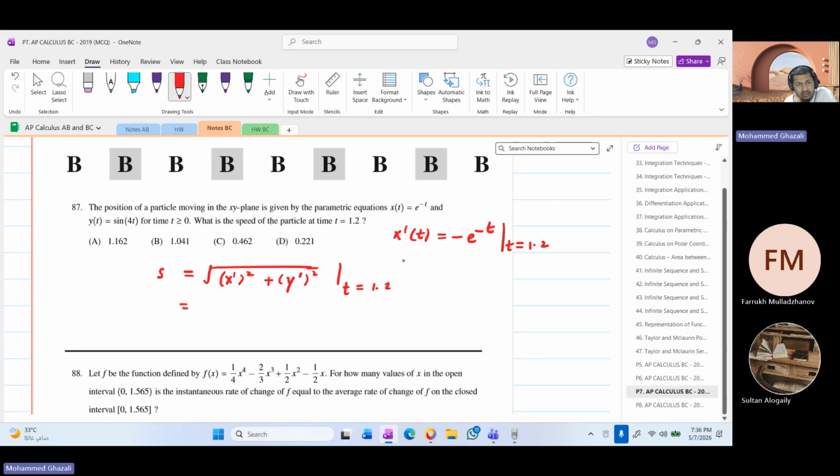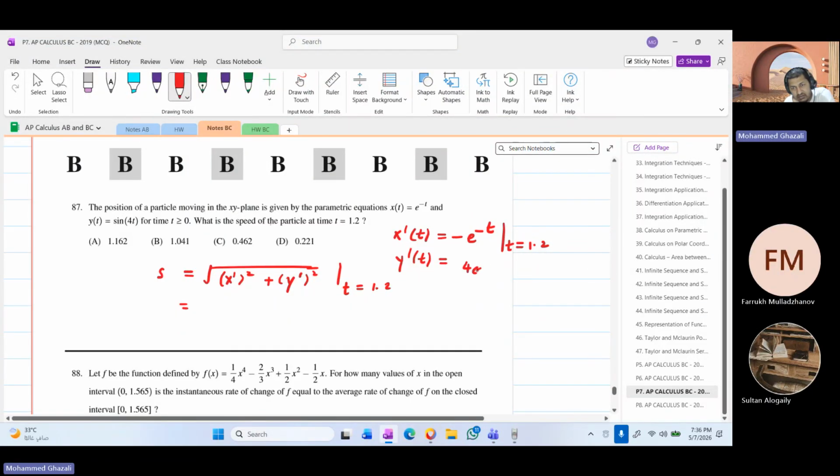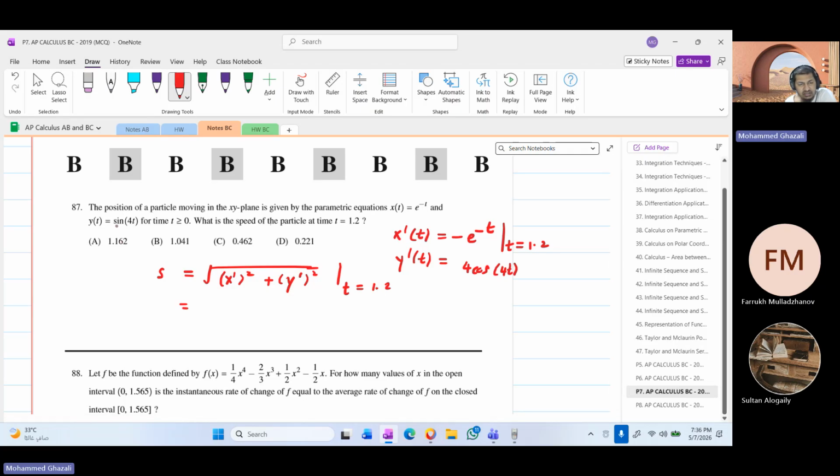And what's y prime of t? y prime of t is equal to cos 4t, correct? The derivative of sine 4t is cos 4t, and the derivative of 4t is 4. Evaluated at t equals 1.2.